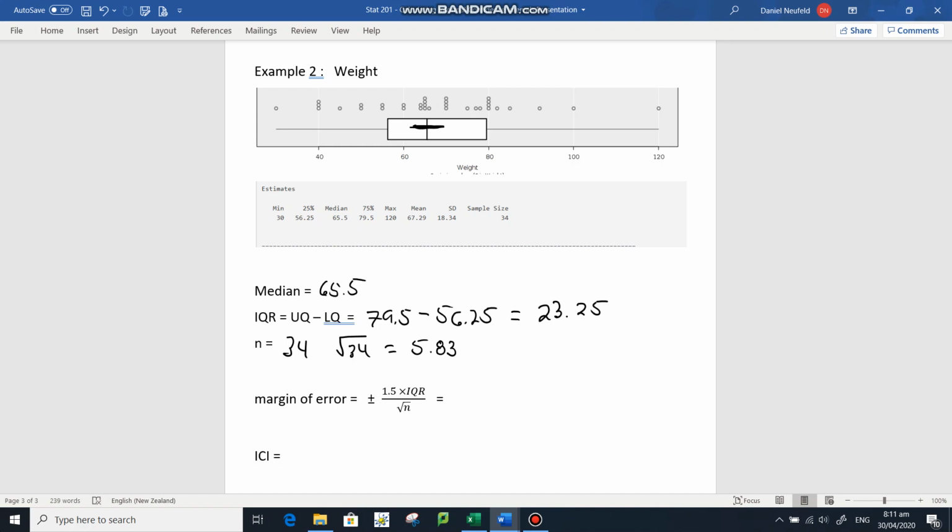Okay, we insert those into our formula. So 1.5, again always 1.5, times the IQR, 23.25, divided by our square root number, 5.83. And this equals, again, it's always plus or minus, because we give or take, basically 6.0.